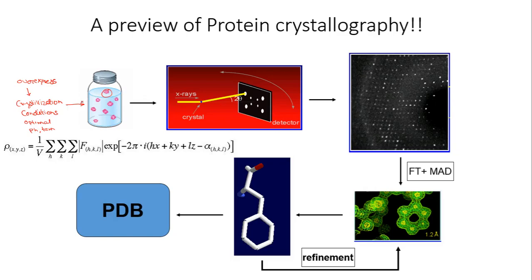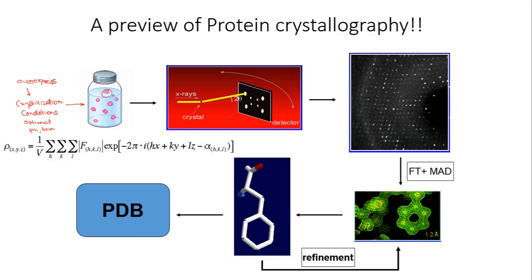As I have mentioned before, this is the rate limiting step in crystallography. So if you heard that it took a researcher say some 10 years to solve the structure of any protein, then you should realize that of that 10 years, that researcher might have spent 8 years finding out the crystallizing condition for that protein. So this is that time consuming process.